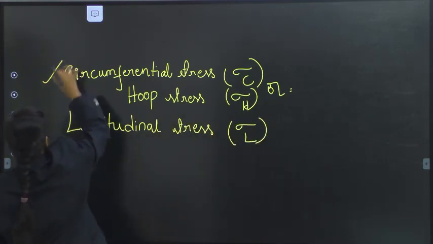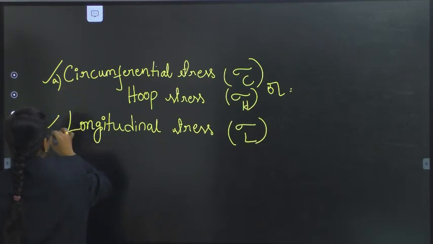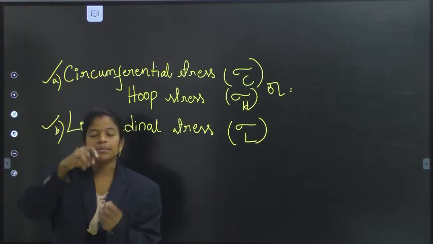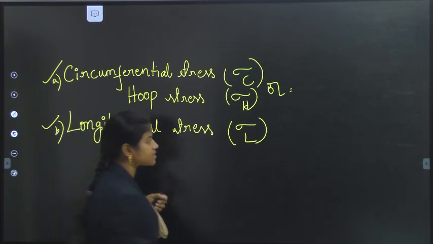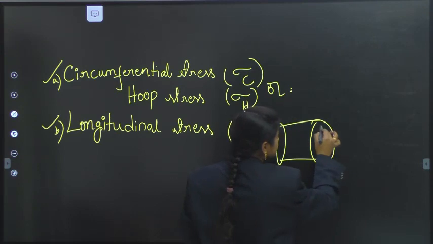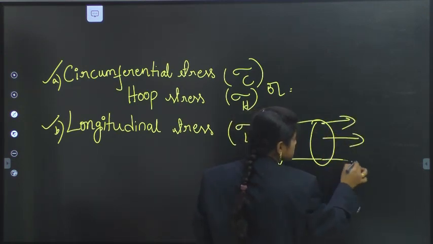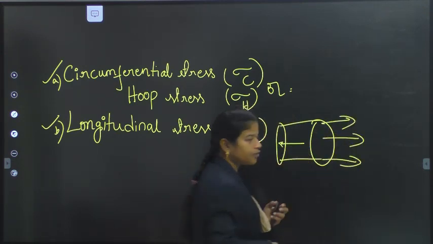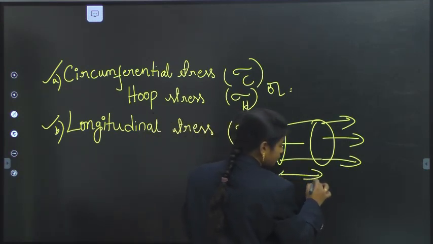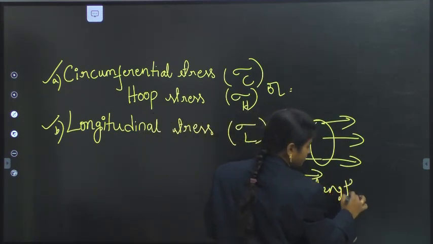Both circumferential and longitudinal stresses are tensile in nature. They are trying to increase the diameter. They are trying to increase the length. So here the cross section of the pipe is trying to be increased. This is the resistance and this is the fluid force on the left section. In this way, it is trying to increase the length.